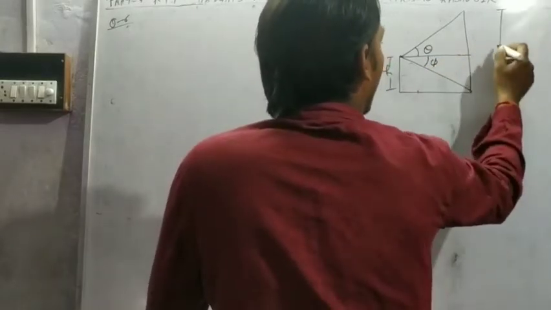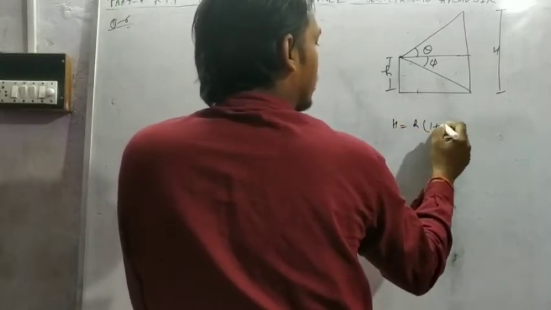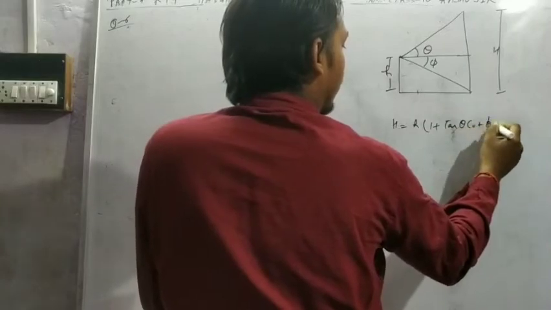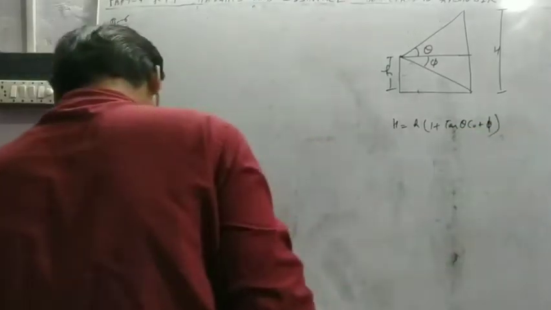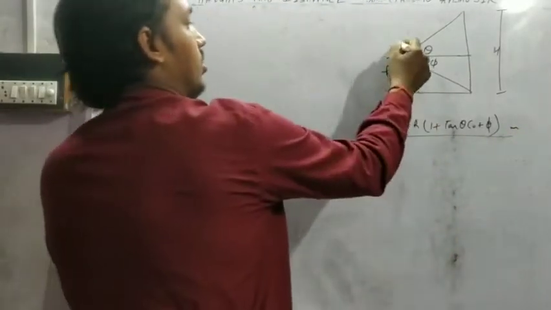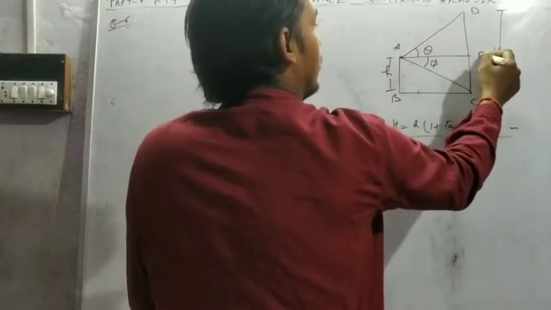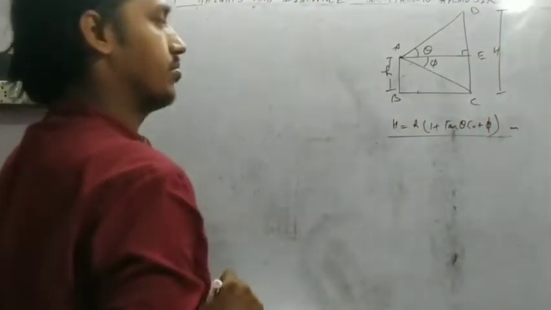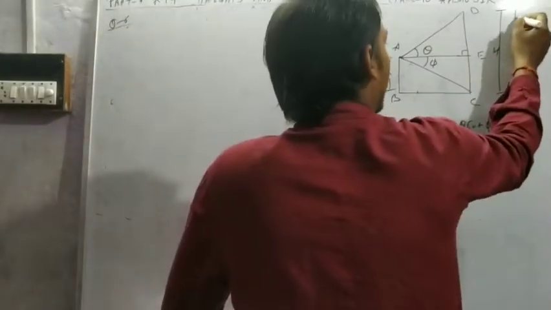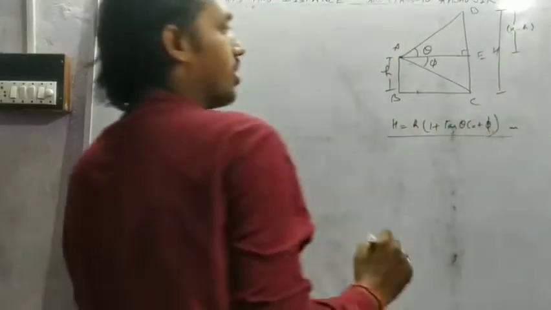So prove that the height of the house is H (1 plus tan theta cot phi) meter. Then solve them. Let the height be capital H. So this part is H minus H.